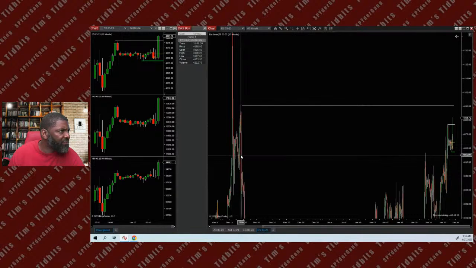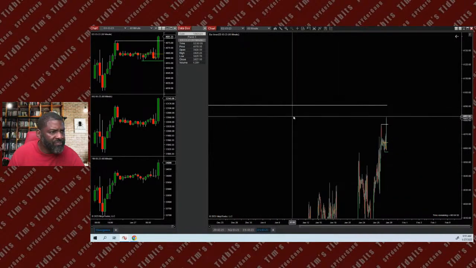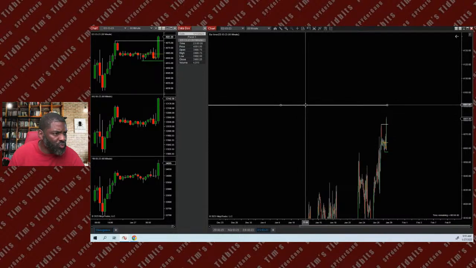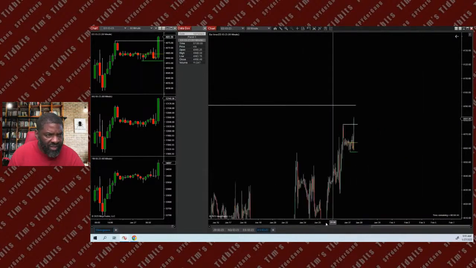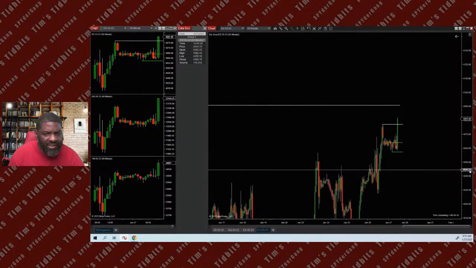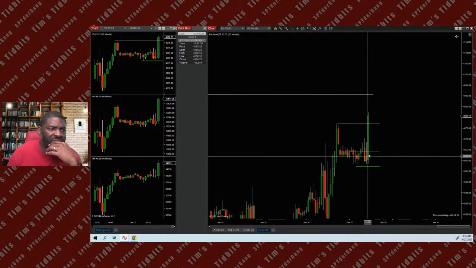This high right here from December 14th, at 40.90.75, right? That's the next upside target that I marked out. That's the next buy side that I had marked out.